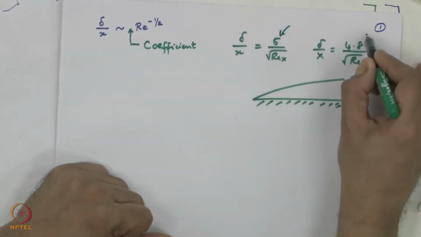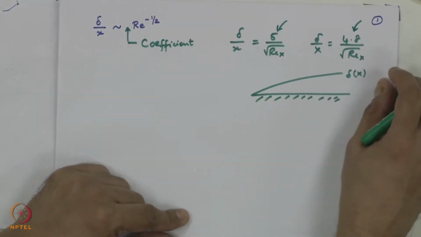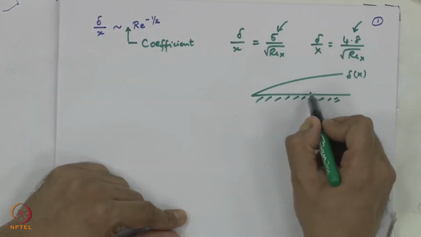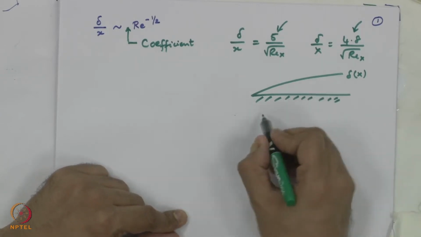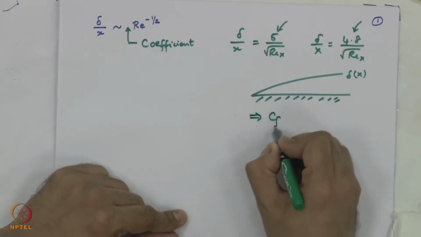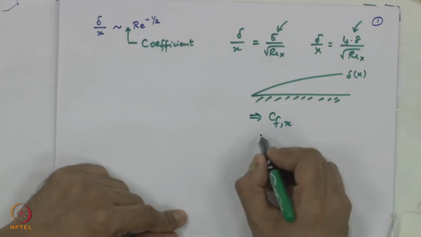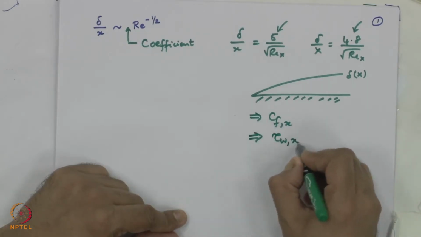Whether it is 5 or 5.12 or 4.8 or whatever be the coefficient, how accurately we are able to determine this coefficient determines how accurately we are able to predict the variation of delta, which means variation of coefficient of friction, which is also proportional to the reciprocal of Reynolds number, and therefore, variation of wall shear stress, and so on and so forth.